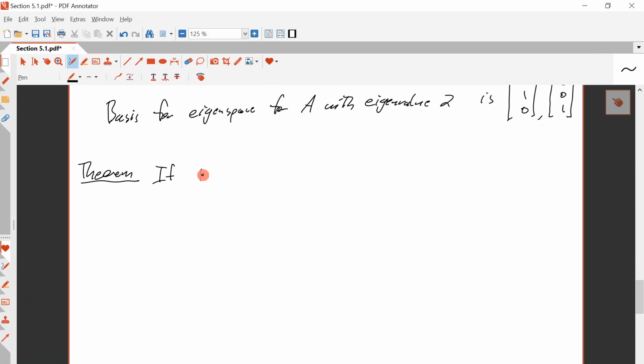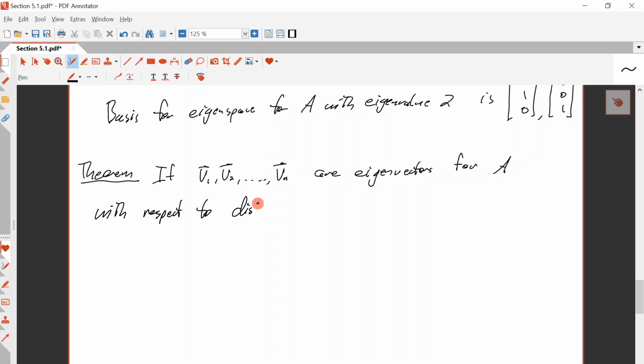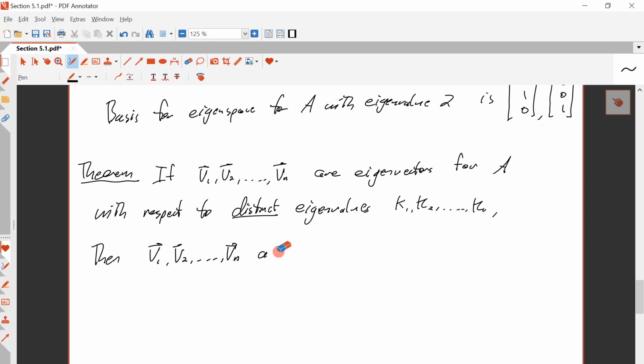If V1, V2 through Vn are eigenvectors for A with respect to distinct eigenvalues K1, K2, through Kn, then V1, V2, through Vn are linearly independent.